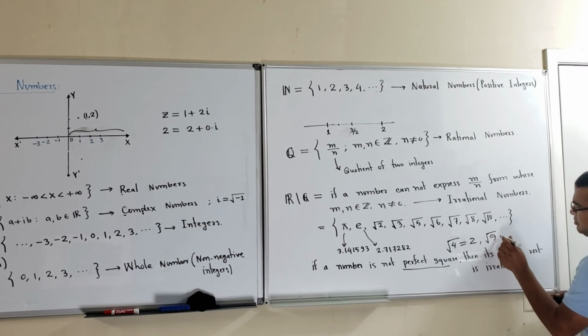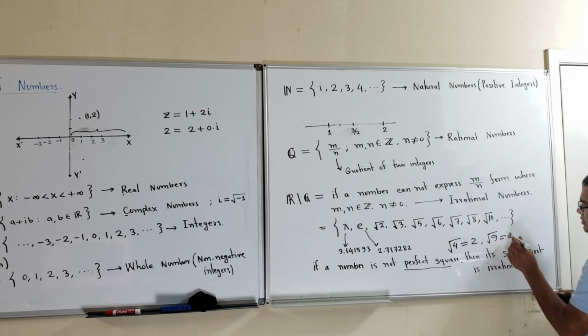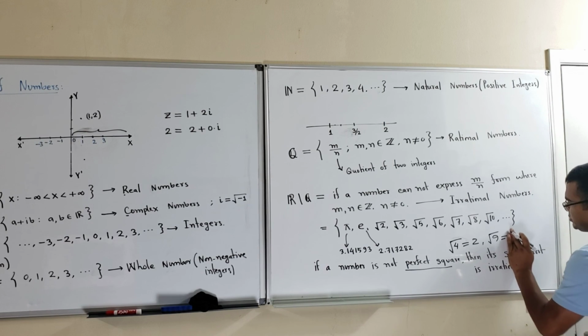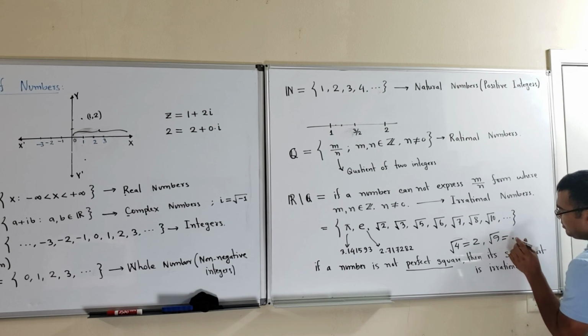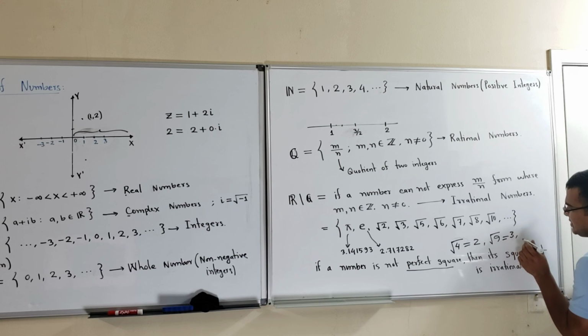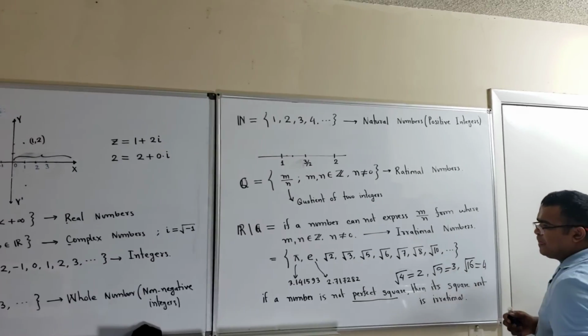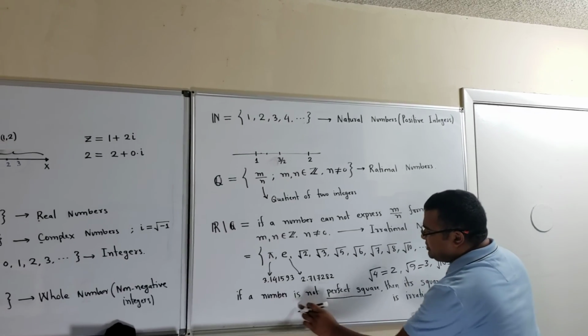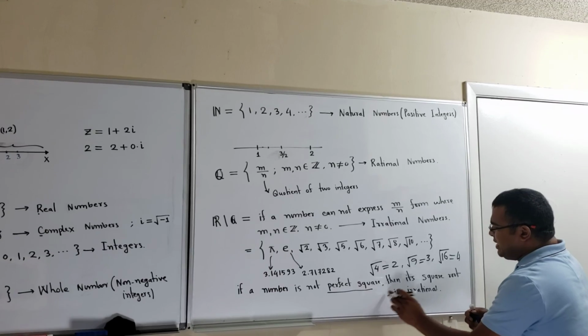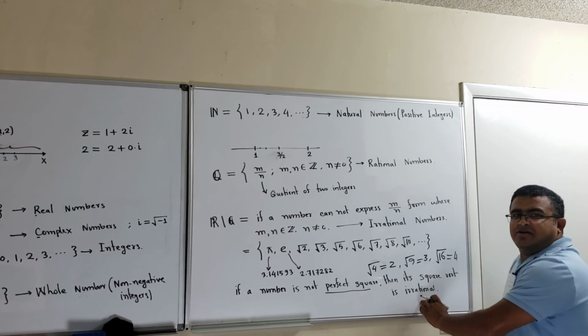Because if we take square root of 9, then we will get 3. So what is the next perfect square number? 16, because if we take square root of 16, it is 4. So if a number is not a perfect square, then its square root is irrational.